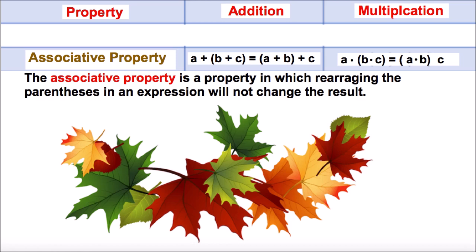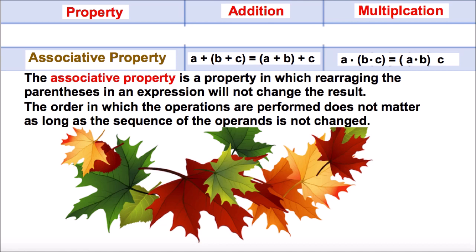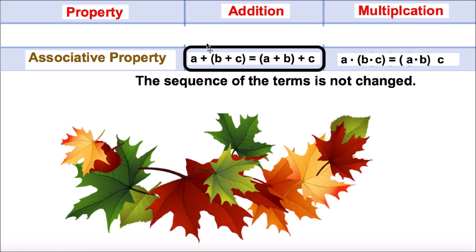It is a property in which rearranging the parentheses in an expression will not change the result. The order in which the operations are performed does not matter as long as the sequence of the operands is not changed. So in this addition example here, the sequence of the terms is not changed, just the order.